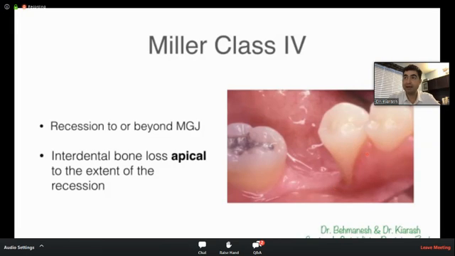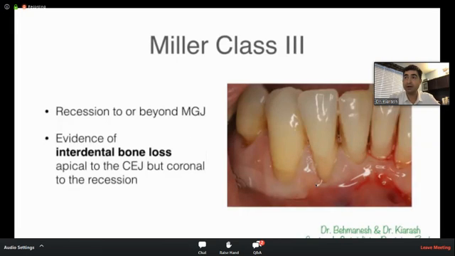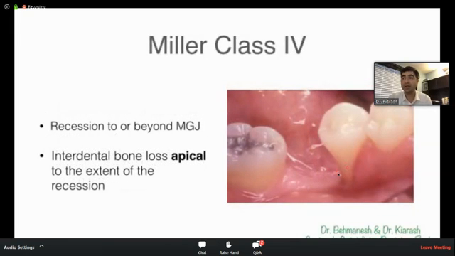If I come back real quick to a class 3 Miller, the tissue still looks parabolic. We still have scalloping of the soft tissue. In a class 4, the recession is so much more advanced, the interproximal loss of tissue is so much more advanced, that we have an L-shaped recession or sometimes a complete flat recession.